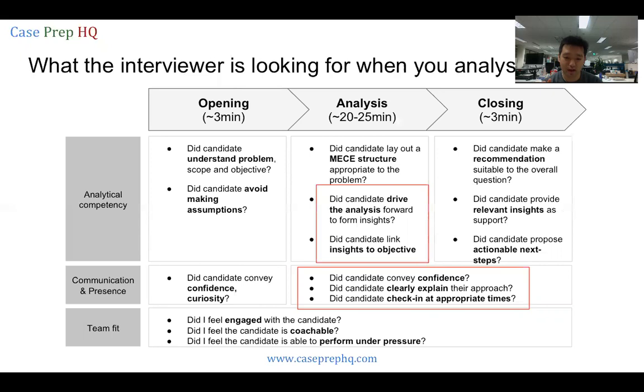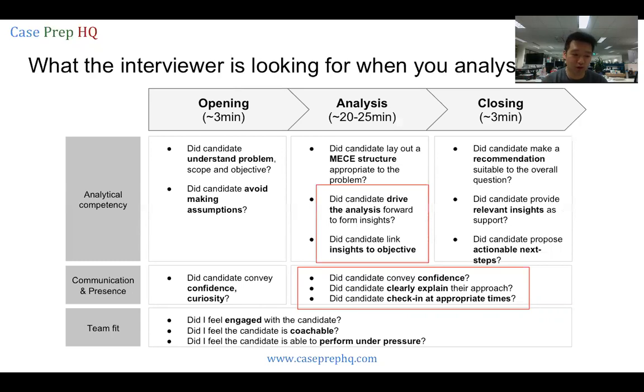And are they linking that data and those hypotheses, turning that into insight related to the original question being asked, so the objective? I'll explain what that means a little later with my example. But basically, don't just do the math, do the right math, the math that explains the question you're trying to solve.